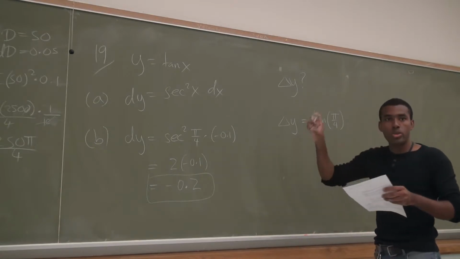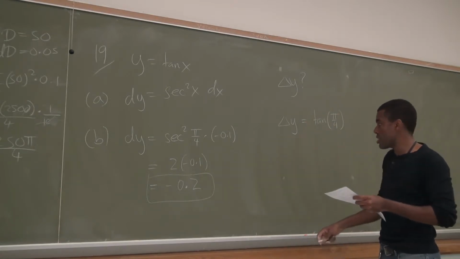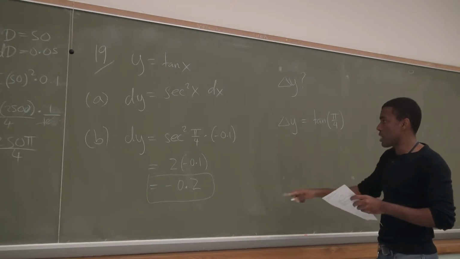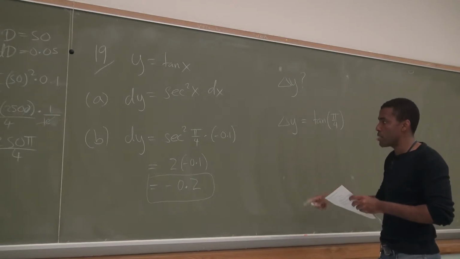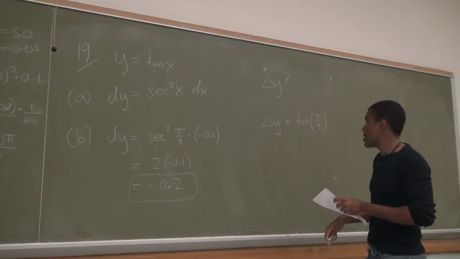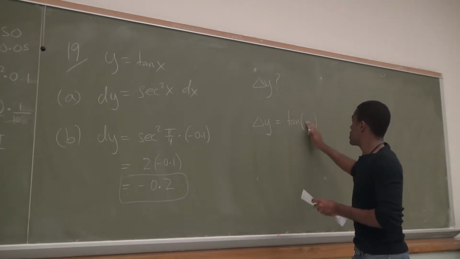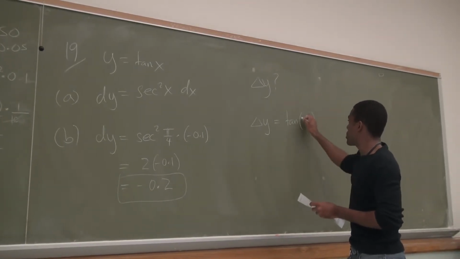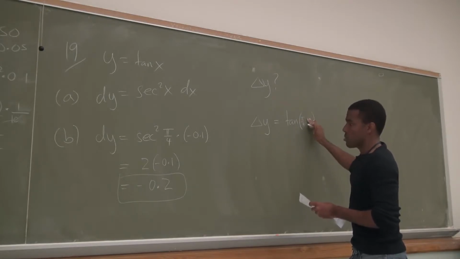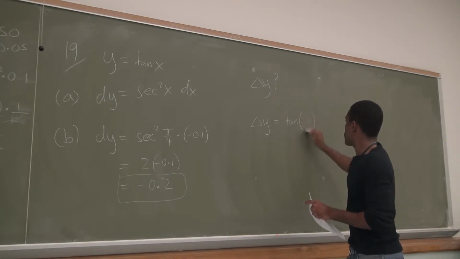Remember, delta y is the actual change in the y values, right? So you're looking at the graph of tangent, and you're looking at, if the x value changes by minus 0.1, what would the y value change by? Tangent is increasing at that point. So this would be pi over 4 plus.